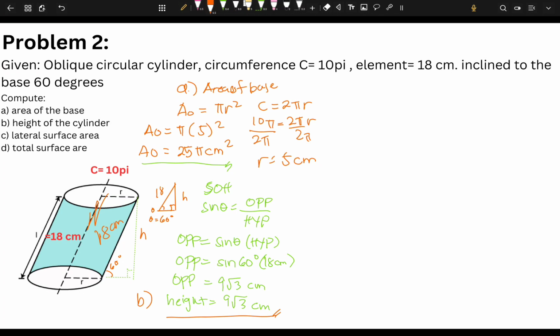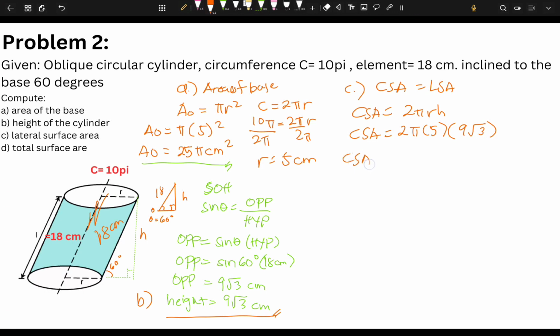Lateral surface area. Letter C. CSA, right? Is equal to our LSA. So, we have CSA is equal to 2 pi RH. So, our CSA is twice pi times the R. Our R is 5 cm times the height that we got earlier, that is 9 square root of 3.